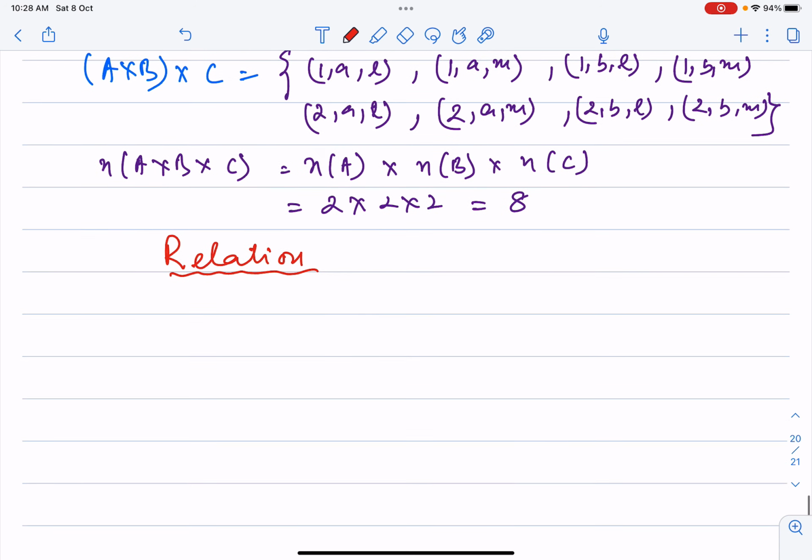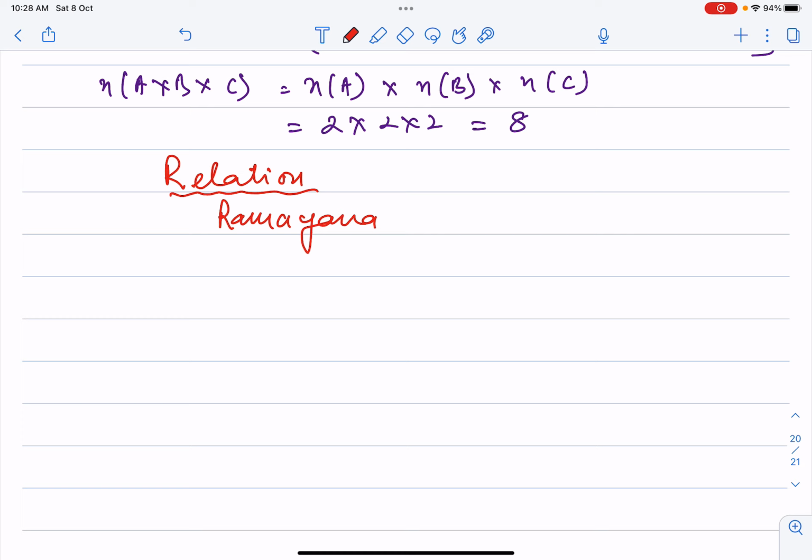For example, if I take a practical example from our epic, that is Ramayana. In that there was a king called Dashrath, and he had 4 sons.